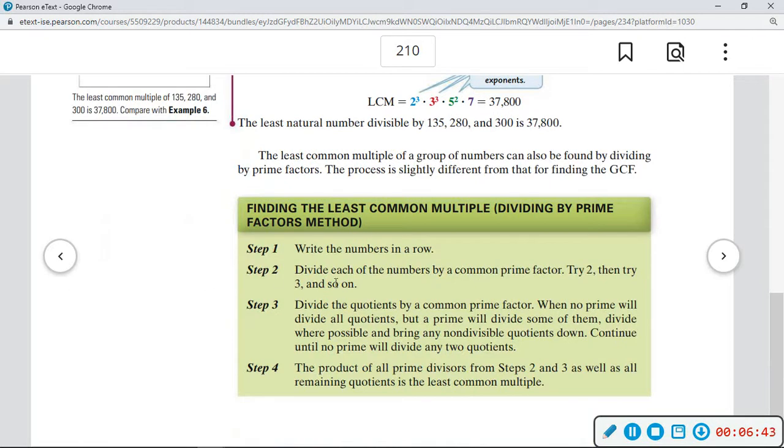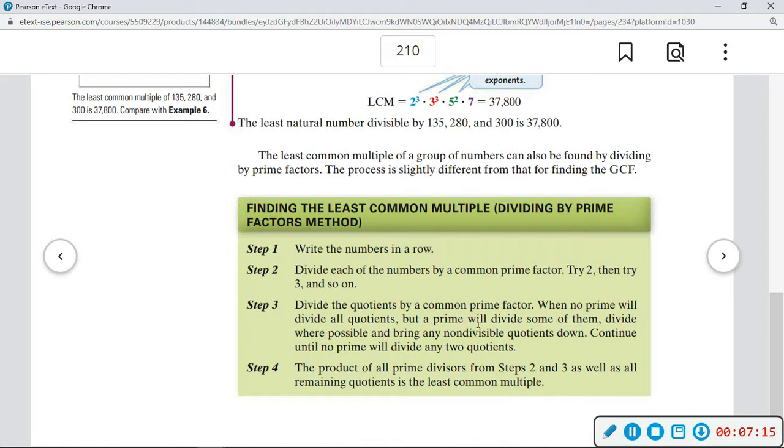And then you also have that second method that we saw, finding the least common multiple by dividing primes. So they put the numbers in a row. They divide by common prime numbers, just like you did with the greatest common factor. Then you divide the quotients. And then it says when no prime will divide all of them, but it will divide some of them, you will continue and bring down the non-divisible quotients.